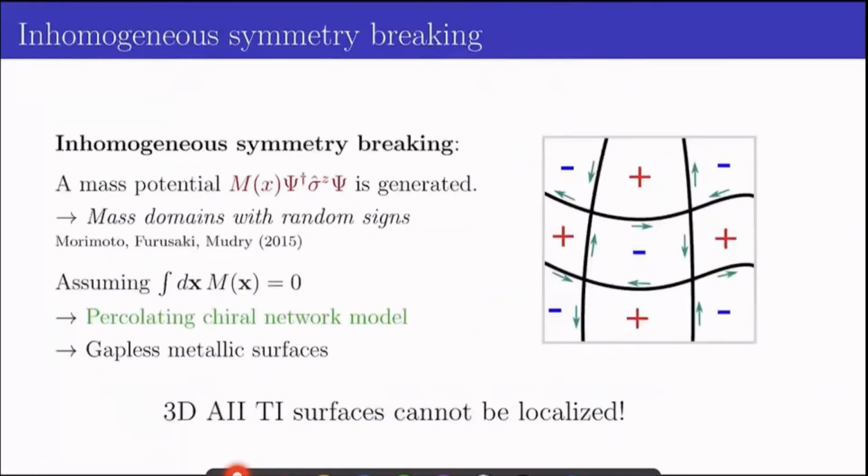Therefore, we build up on the previous understanding and assume the mass is a random function in space. And in this case, with a single mass term, there exists a massless domain wall. And because we assume the integral over position of m of x is 0, the domain wall is percolating.